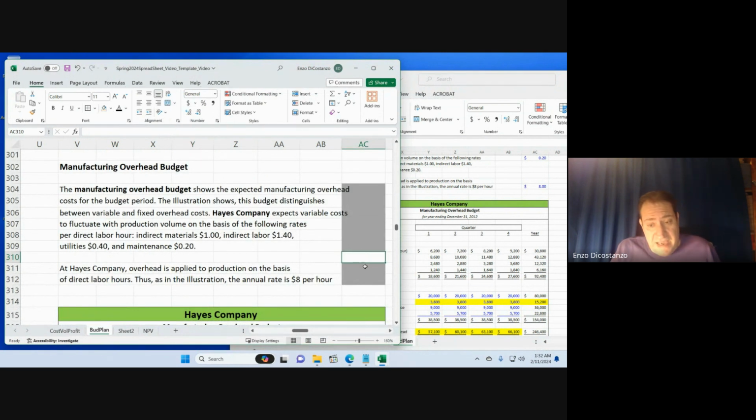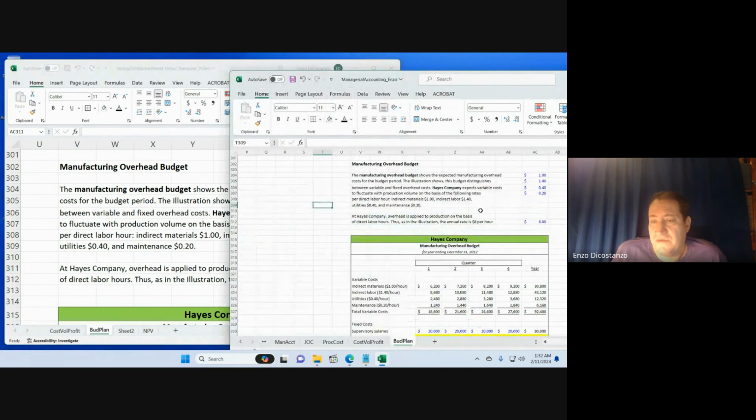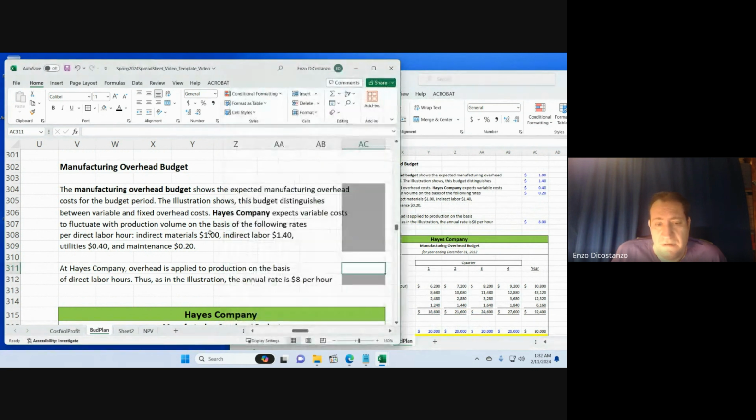And let's look at what we're given. We're given 4 numbers here. We're given 20 cents for maintenance per direct labor hour, 40 cents utilities, 140 indirect labor, and $1 for indirect materials.